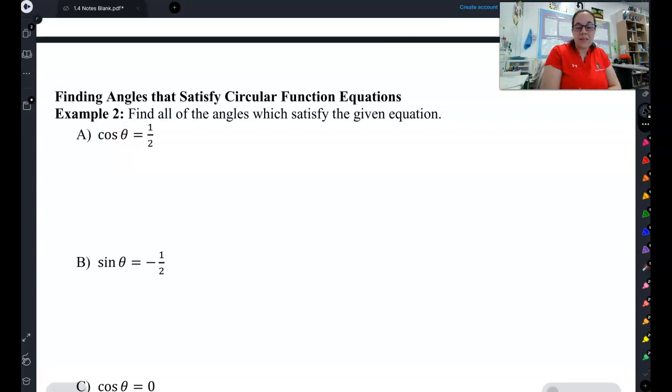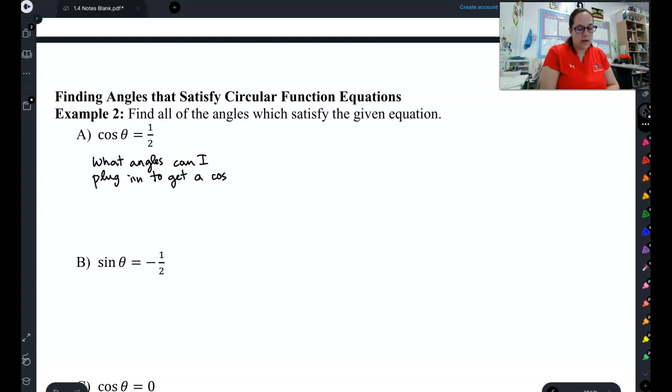So basically what this question is asking is, what angles can I plug in to get a cosine value of 1/2?